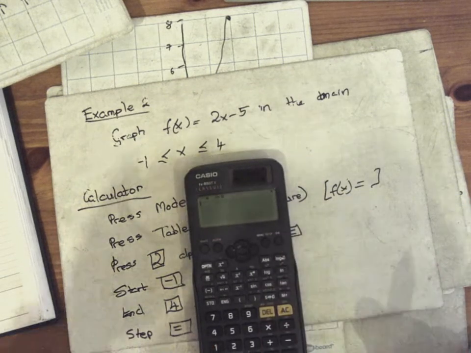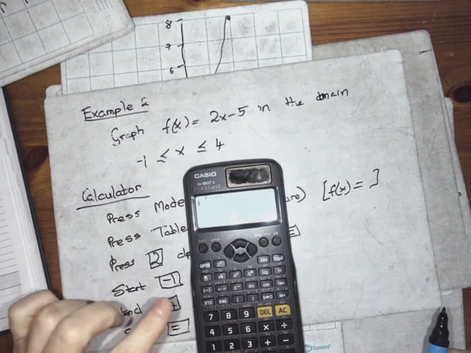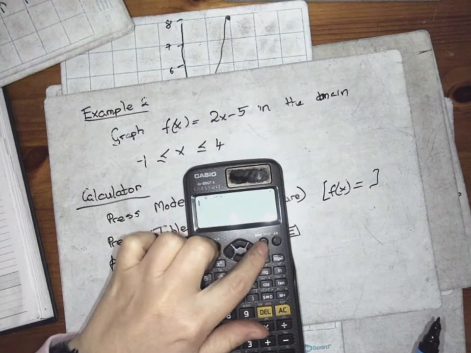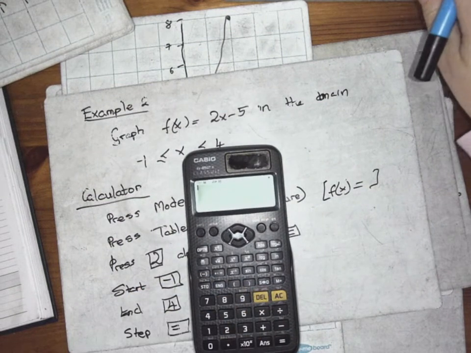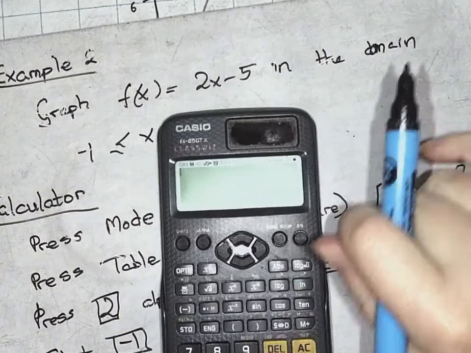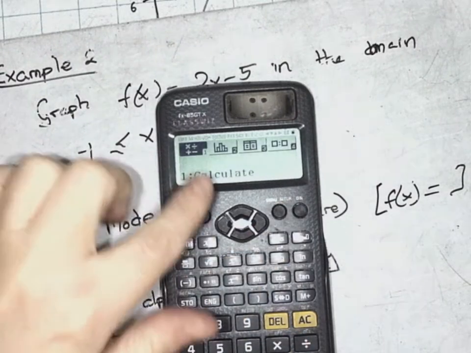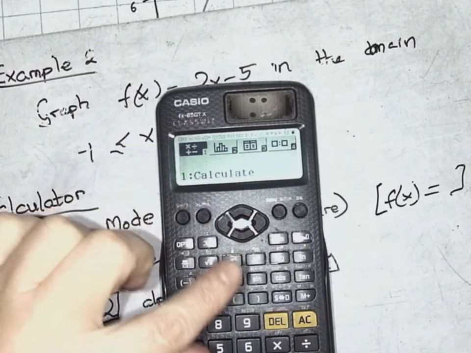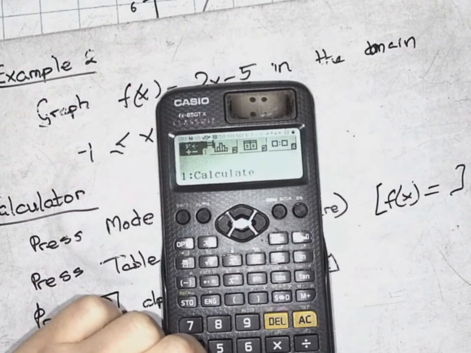Okay, so on your calculator, you press this mode button first. See, mode is alongside on, right? Okay, so you press the mode button first. Okay, right, now you'll get a list. It's different to mine, but I think number 3 might be table, so press number 3.